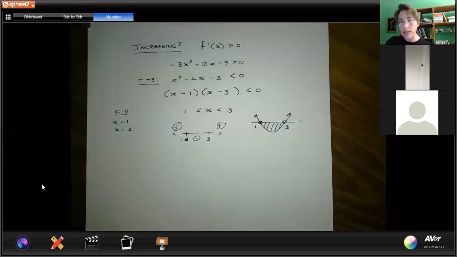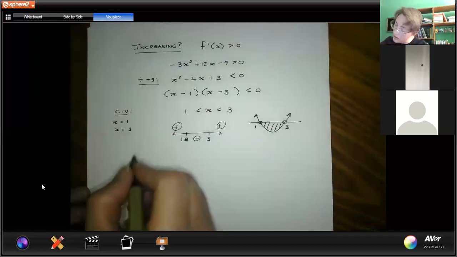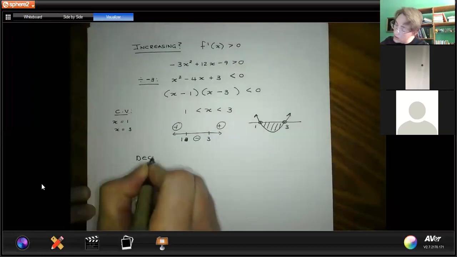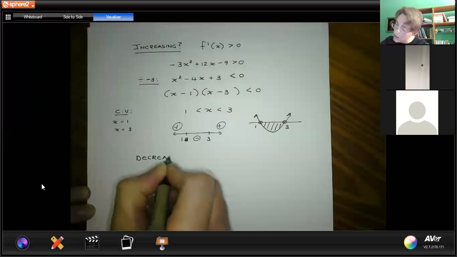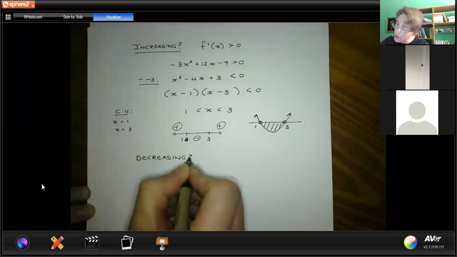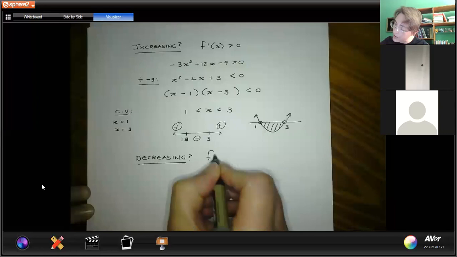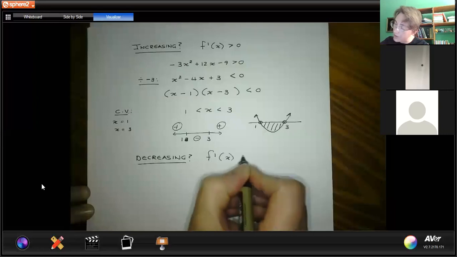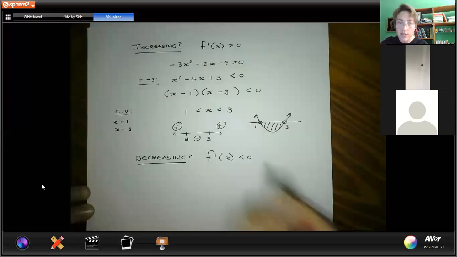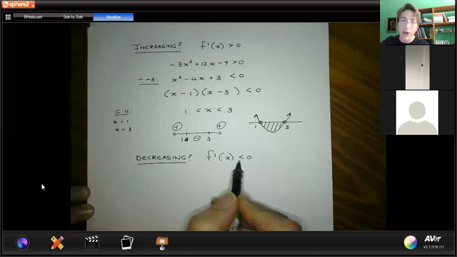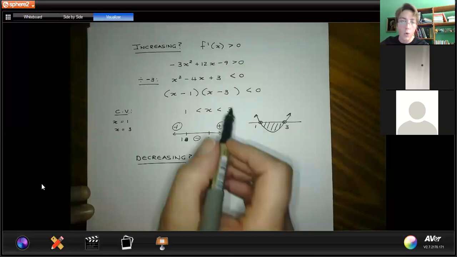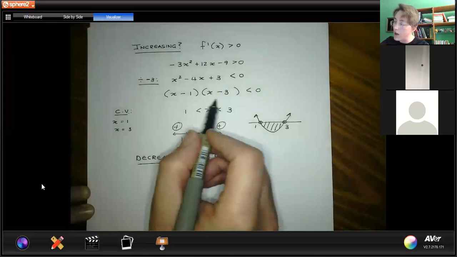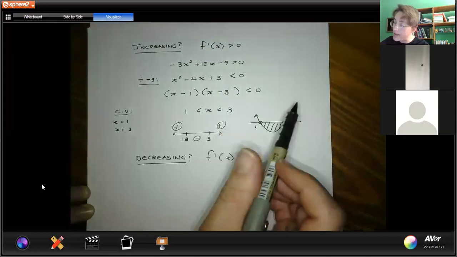Now, the good news at least is once you've determined where the graph is increasing, decreasing is actually quite easy to do, because decreasing is simply where the first derivative is less than 0. So because it's where the first derivative is less than 0, I can take this one that I've already done all that effort on.